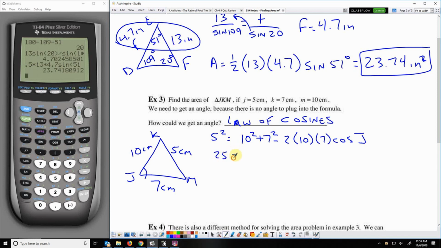I've got 25 equals 100 plus 49 minus 2 times 10 times 7. 10 times 7 is 70, times 2 is 140, so minus 140 cosine J. So I'm going to subtract that 149.